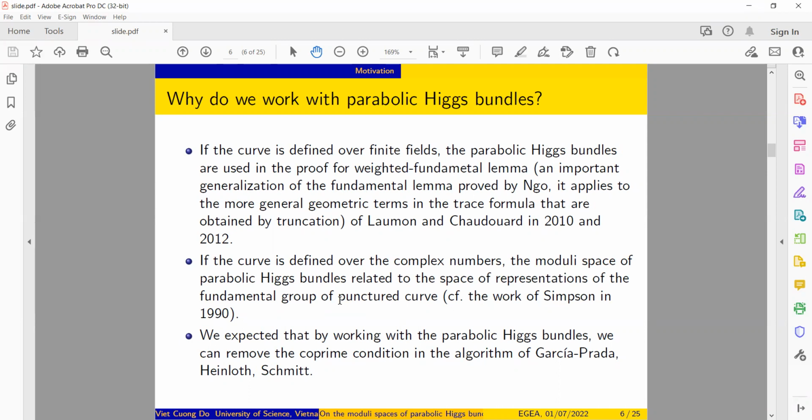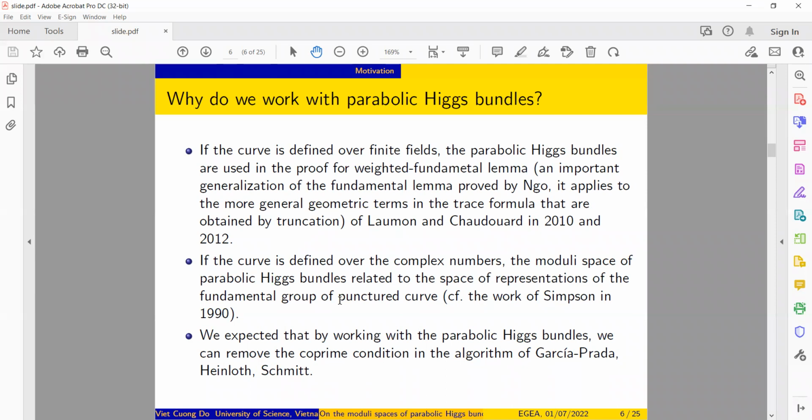But when we work with parabolic Higgs bundles, we have a condition called generic data, and with generic data the moduli space is also quasi-projective and pure.